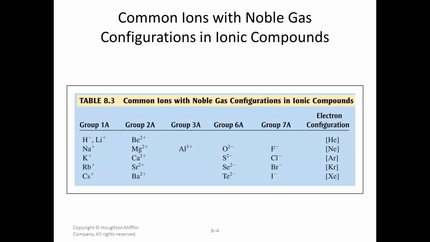Aluminum will lose 3 electrons to form a 3+ cation. The group 6A elements will all gain 2 electrons to form a 2- anion. The group 7A elements will all gain 1 electron to form a 1- anion.